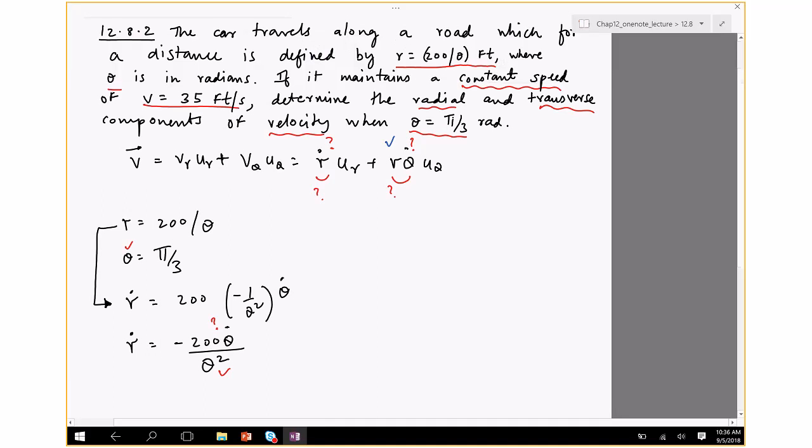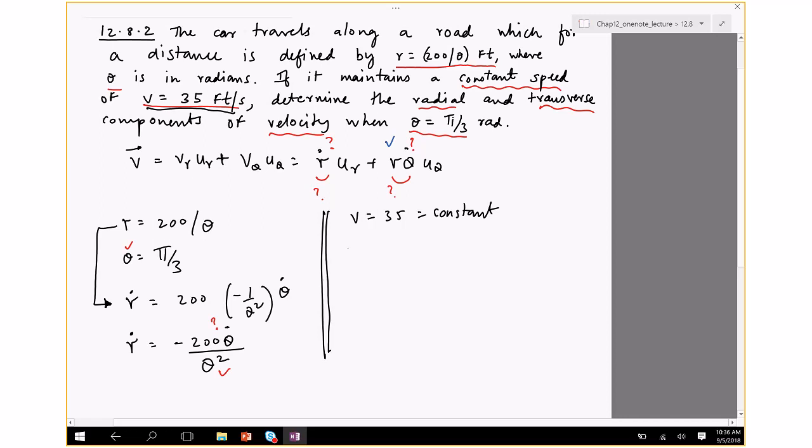Okay, so let's see, I've used all but this piece of information. I've not used the fact that it's moving at constant speed. So let's see what it means to move at a constant speed. So given that V is 35 and that's constant. When you say the speed is constant, it means that you're given the magnitude of the velocity.